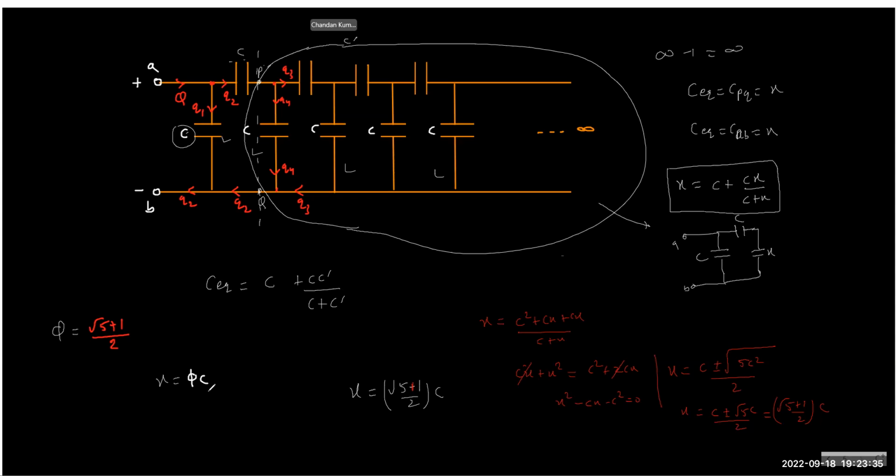This is called the golden ratio, and in physics and mathematics and in other branches of science, the golden ratio plays a very vital role. It is like the beauty of nature hidden in mathematics. You can read more about the golden ratio.